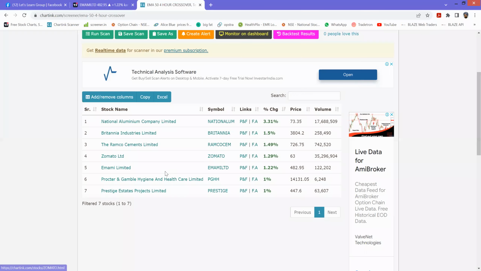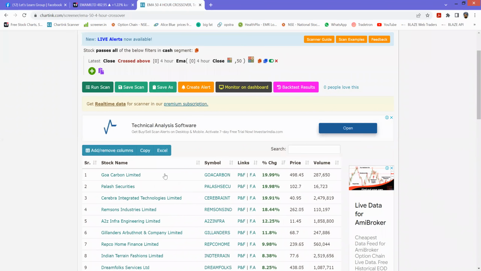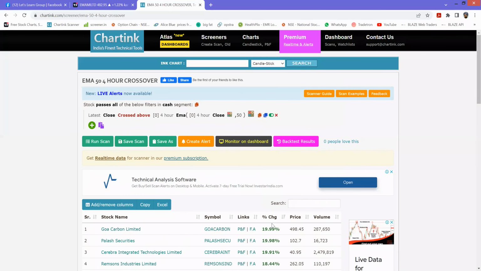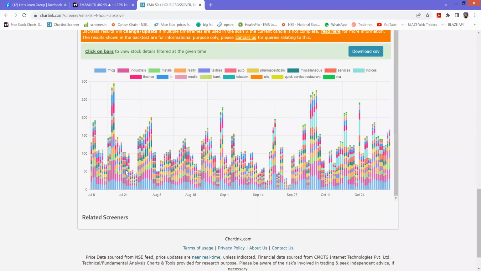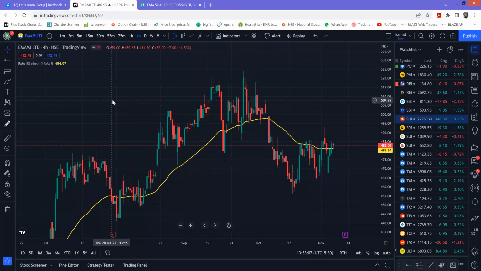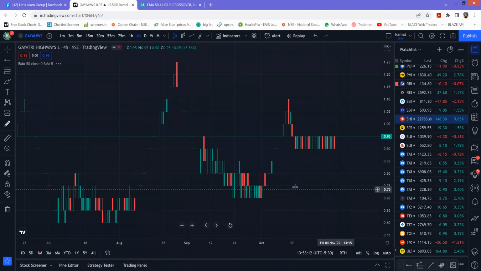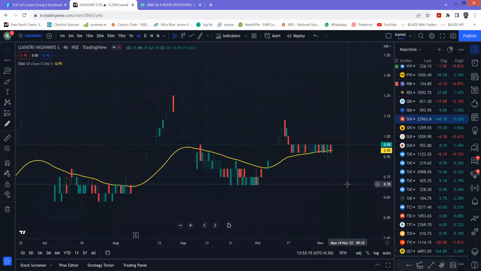Now, if you put it on something known as all cash segments, then you run it. Goa Carbon, 20% return. Now you keep on seeing it. You got 167 stocks, including a stock of almost a rupee only, Gayatri Highways. I've never heard of this name. I don't know what kind of stock this is.